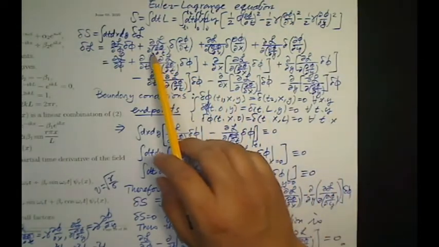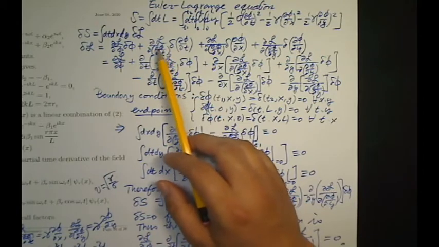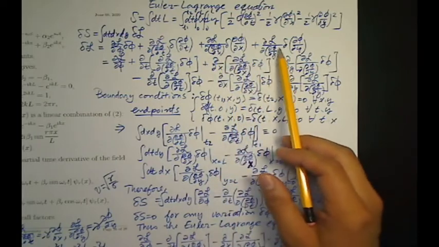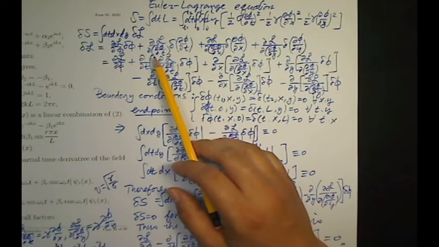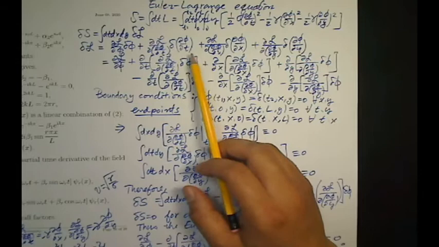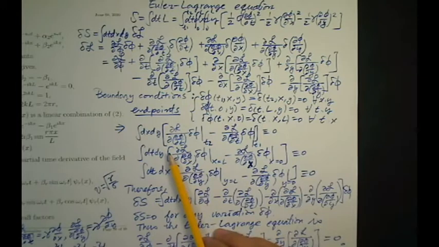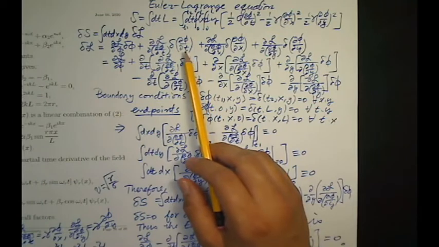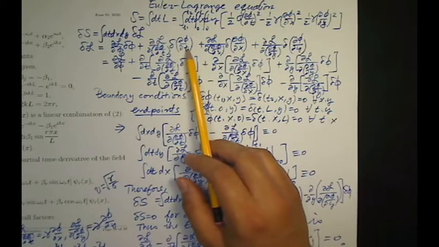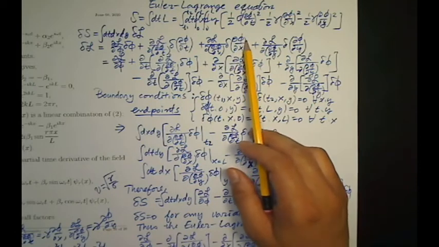Therefore, we should make the variation with regard to the time derivative of the field and the spatial derivatives of the field. So we take the partial derivative of the Lagrangian density function multiplied by the variation of those derivatives. As usual, we re-express this in terms of the time derivative of the variation of the field and the spatial derivative of the variation of the field.